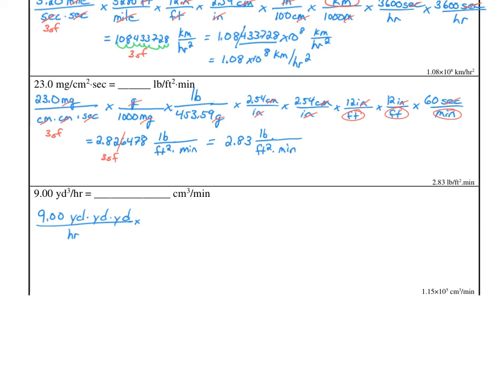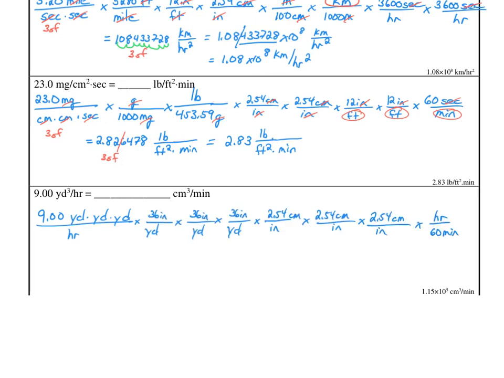We use the same approach in our last problem. Focus on units in the numerator, then go on to the denominator. So let's check our setup. Yards cancels 3 times. Inches cancels 3 times. And hour cancels with minute.